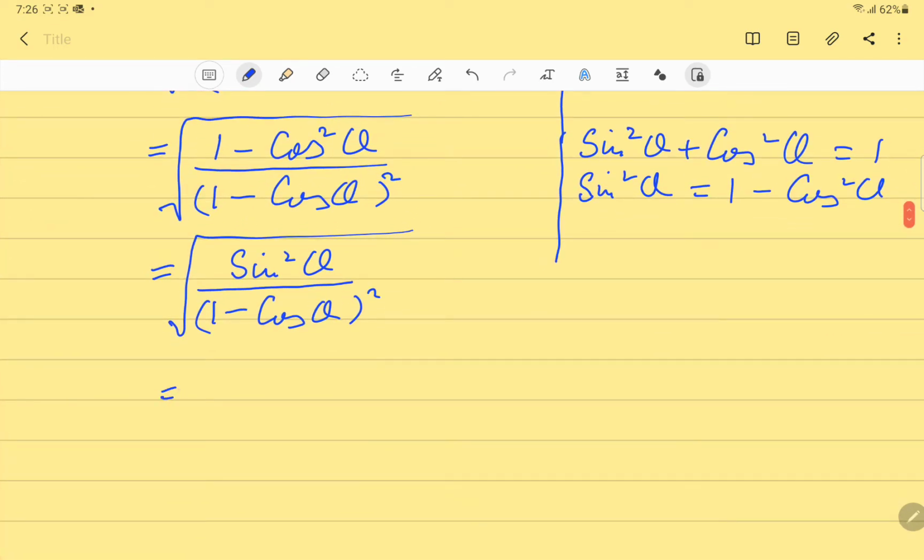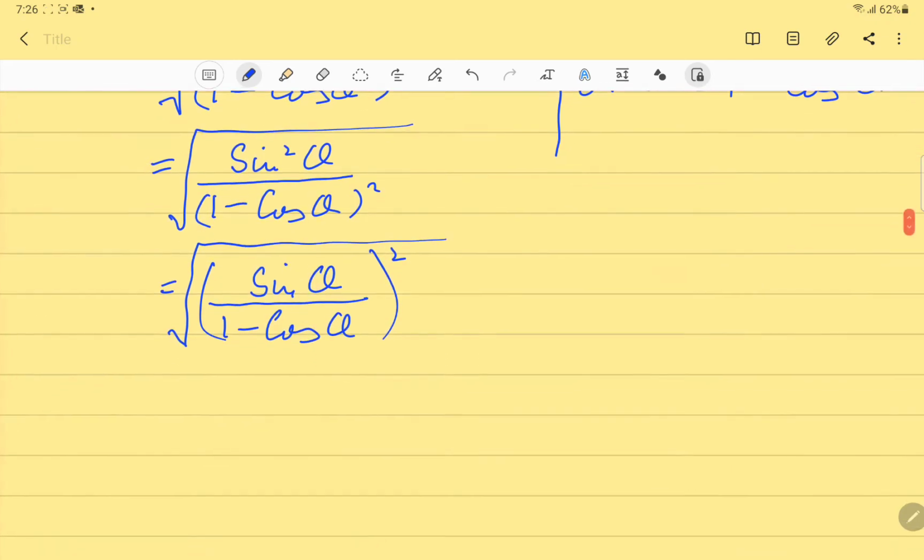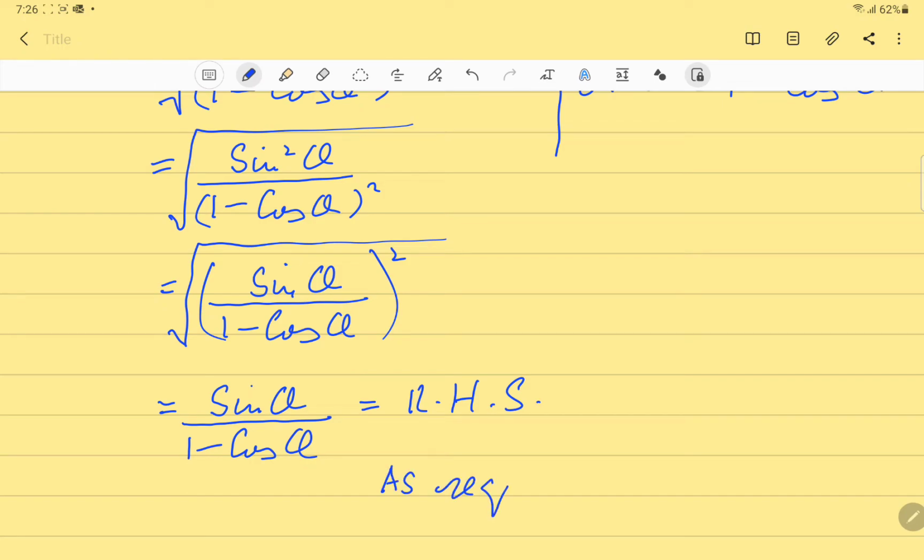Okay, now we can also write it like sine theta over 1 minus cos theta whole squared and then under square root. Square root will cancel with square, so we will be left with sine theta over 1 minus cos theta, which is equal to right hand side, as required.